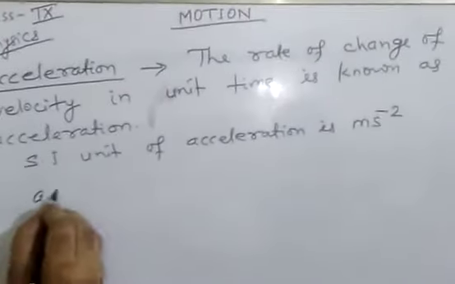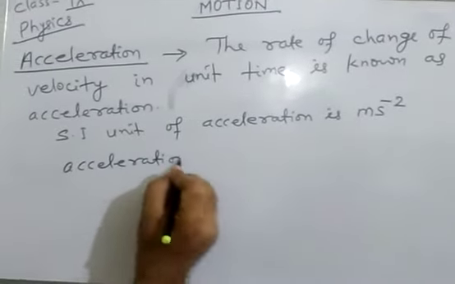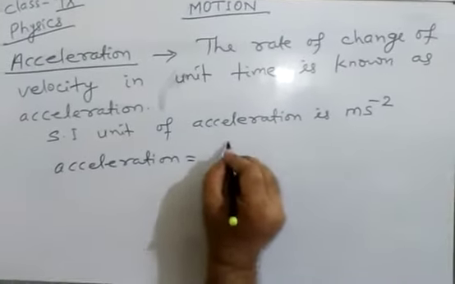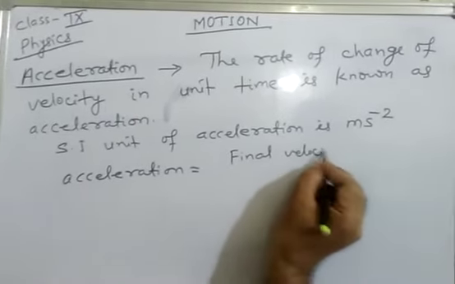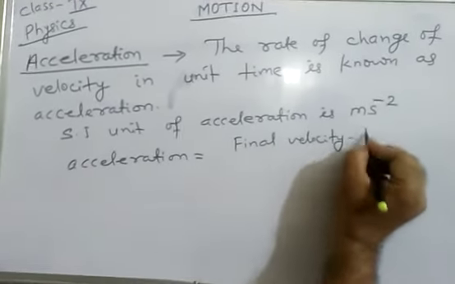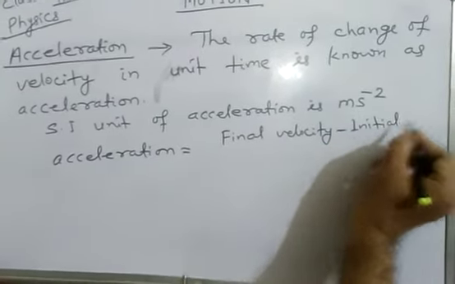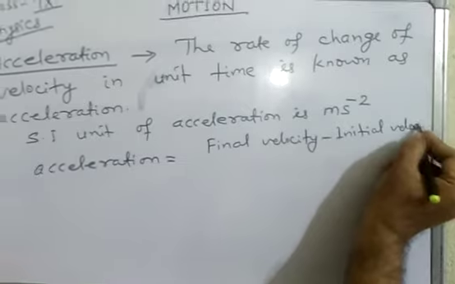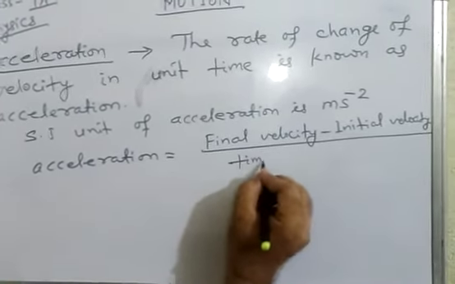Your formula for acceleration will be final velocity minus initial velocity by time taken.